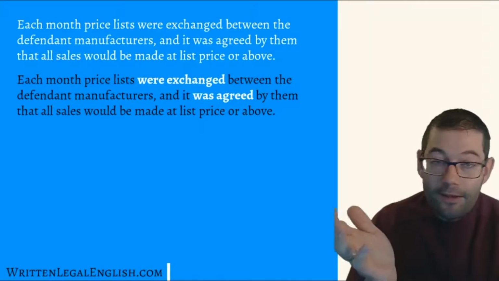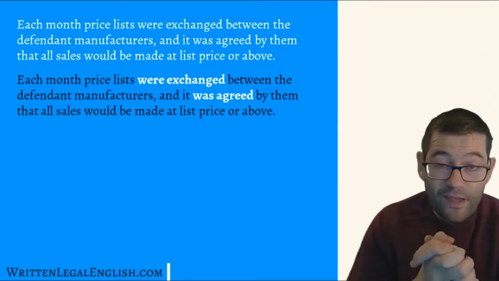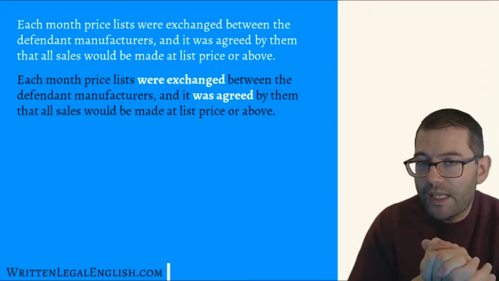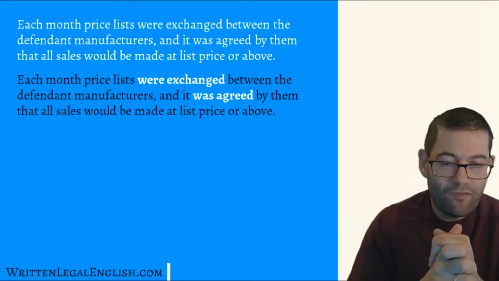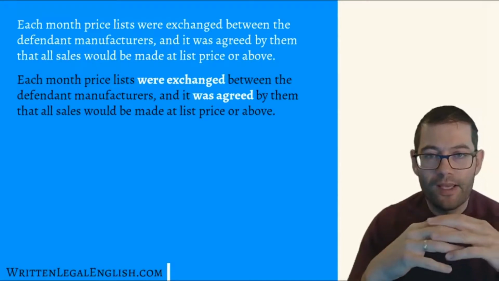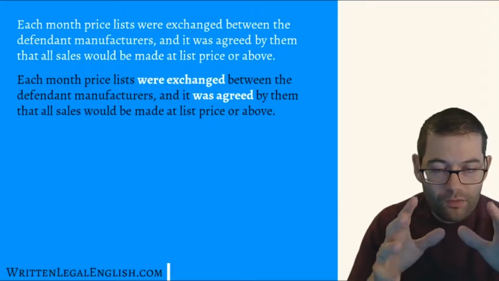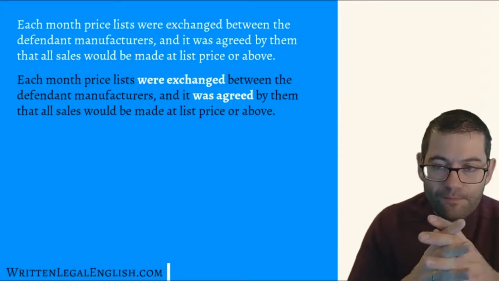On the other hand, there might not be a context, and this passive might be used simply out of habit or because someone mistakenly believes that the passive voice is some level of formal English, or that legal writing or business writing must be written in the passive voice, which of course is nonsense.